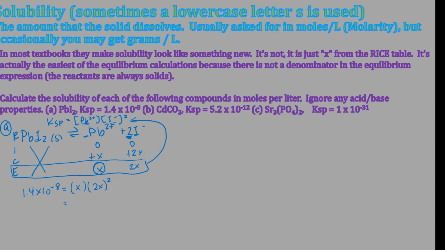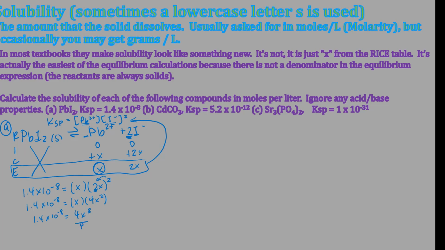If I simplify that, I get X times 4X squared, because I have to square everything inside of the parentheses, so that 2 has to get squared. That's a common place to make a mistake. And that's going to be equal to 1.4 times 10 to the negative 8. And then further simplify, I get 4x cubed is equal to 1.4 times 10 to the negative 8.